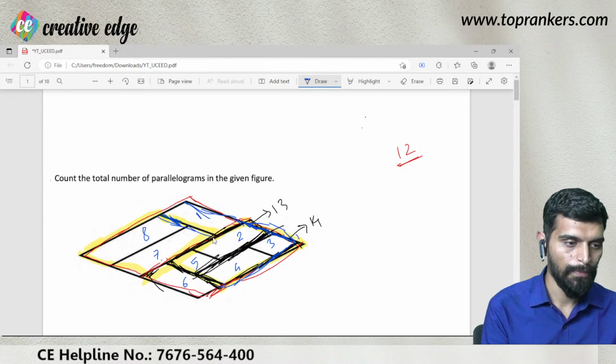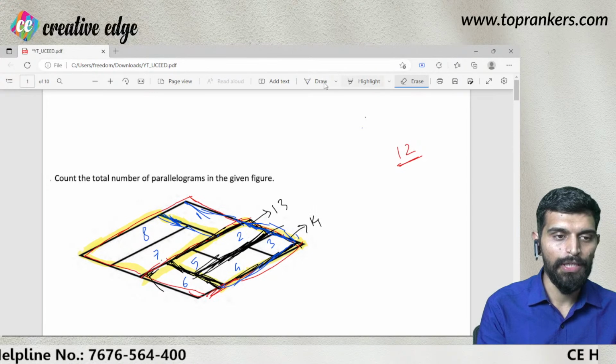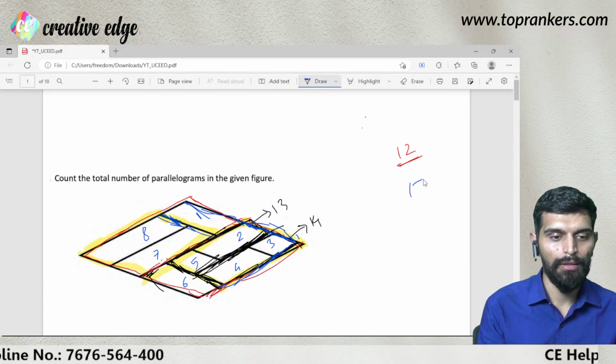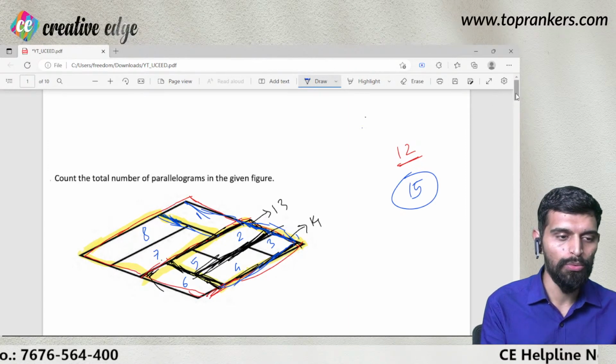This one. Overall there are 15 parallelograms that we need to identify.